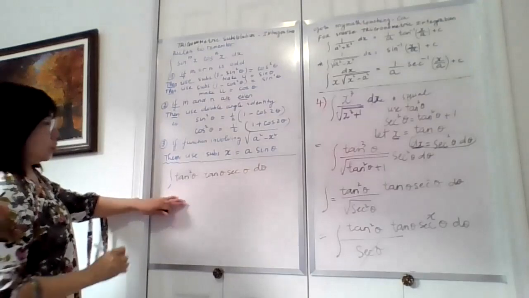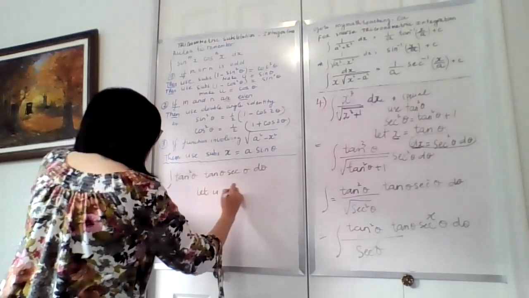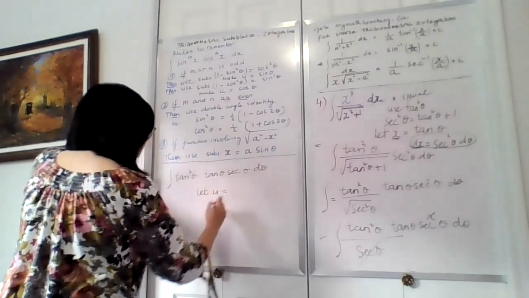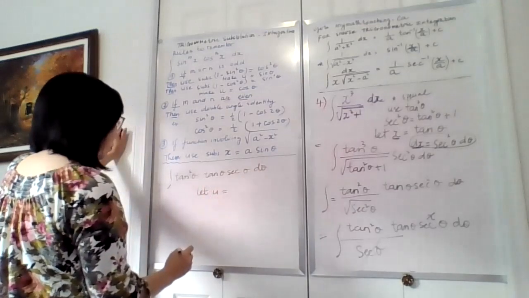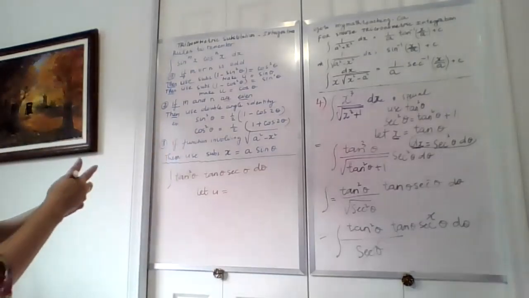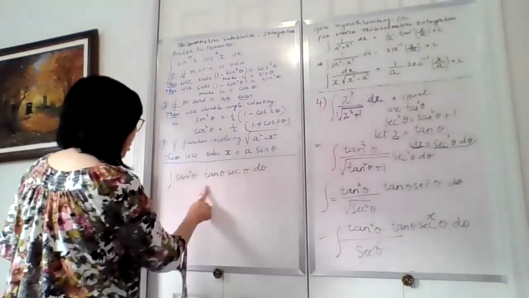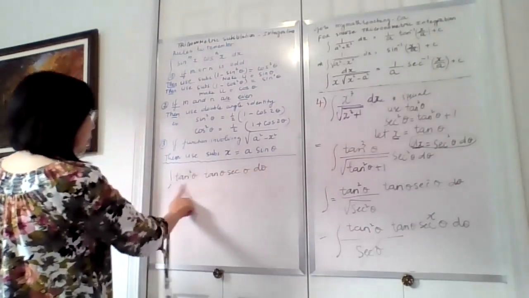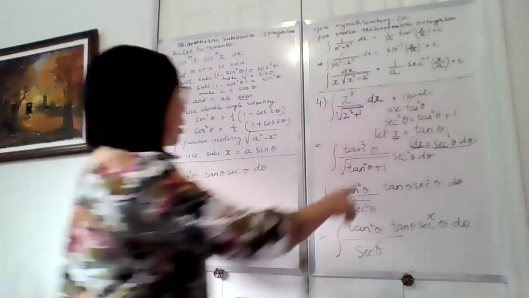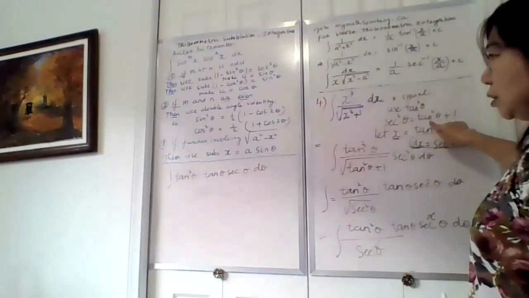Okay. So at this point, I will say let u equal, let me see. How do I change this? Okay, so we have secant square theta minus 1 equal tan square theta.